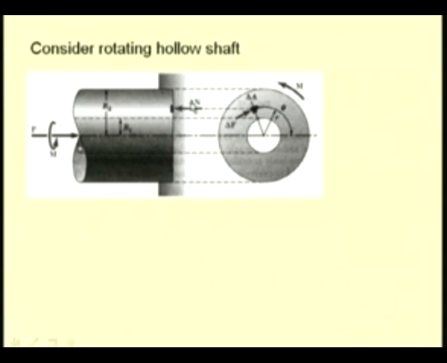In order to solve this problem, we consider a small elemental area delta A on this face, where we have a normal reaction which is delta N and a frictional force which is delta F. So, we consider this element at a radius of r and at an angle of theta from the reference.